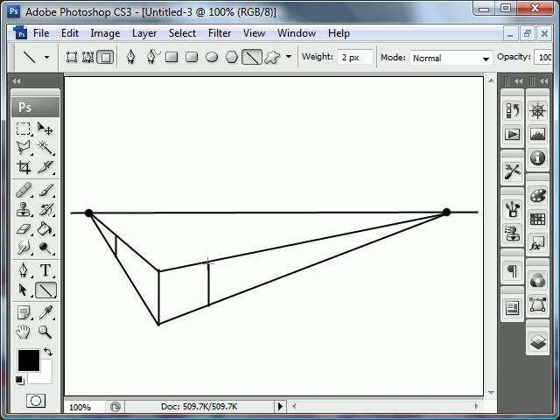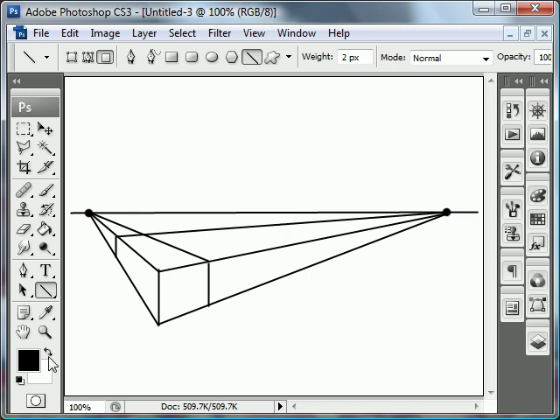The top back edge over here is in reality parallel to this front side edge over here. So it will move to the same vanishing point as the front side edge. And then we have one more edge here in the back, which is parallel to this front top edge here, and so it goes to the same vanishing point as this edge here.